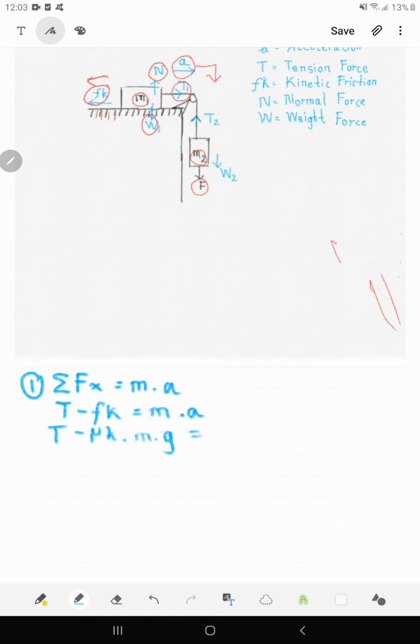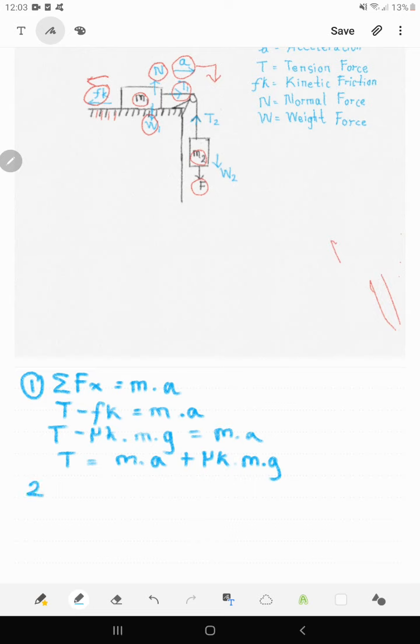Then the result will be T equals m times a plus the friction, which has become positive. This result will be the first equation.